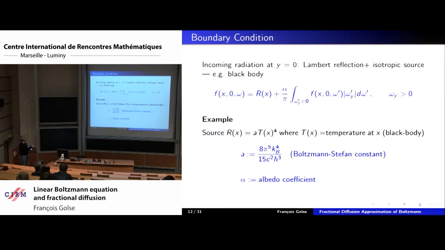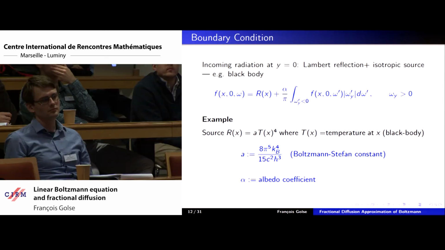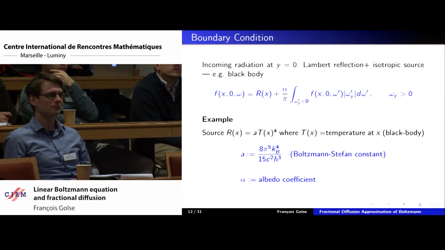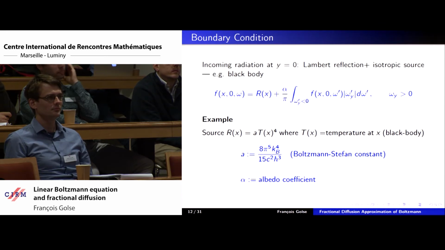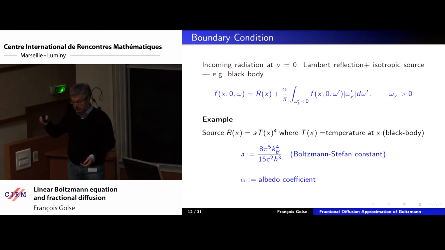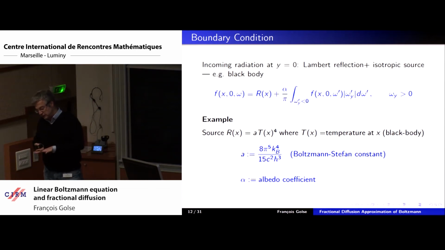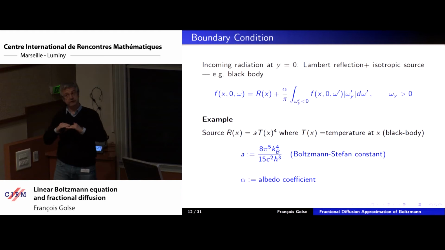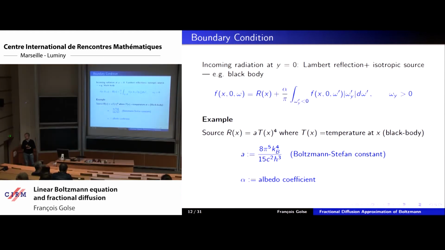What that means is that f of x, omega, for y equals 0 and for omega y positive, is the sum of this isotropic source term r of x plus this Lambert reflection law. The Lambert reflection law means that you take the flux of photons impinging on the boundary and they're reflected isotropically in such a way that, if it were the pure Lambert reflection law, you preserve the number of photons.